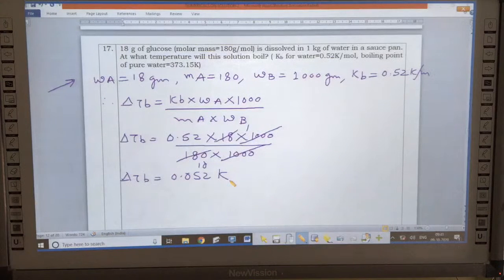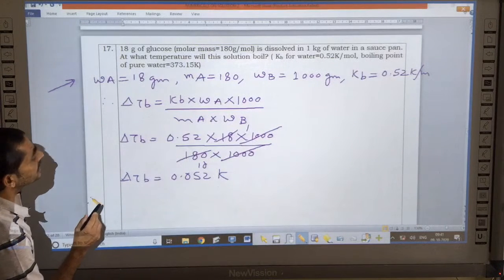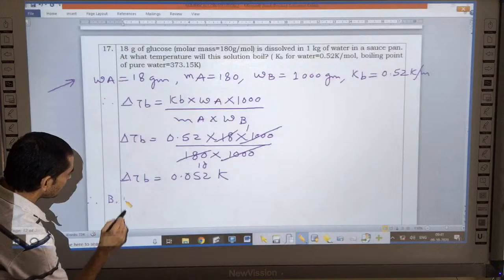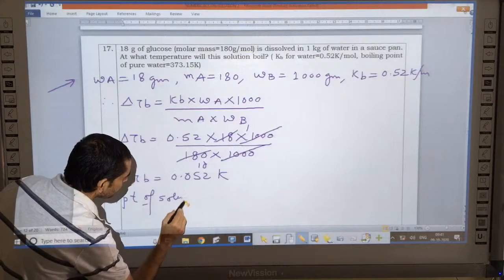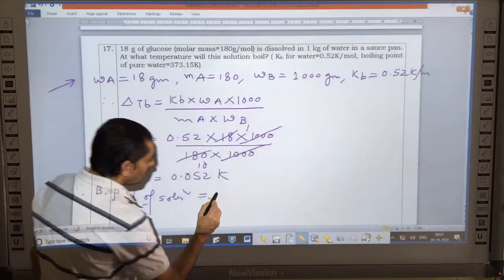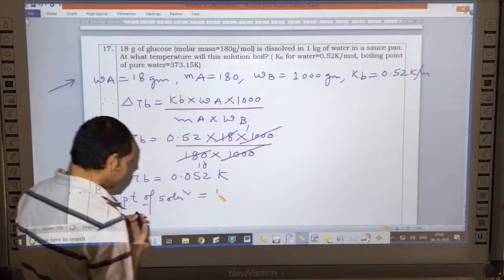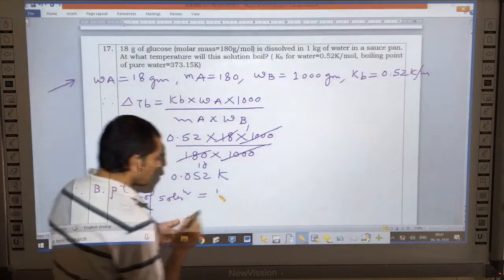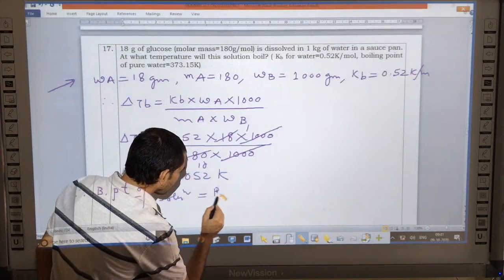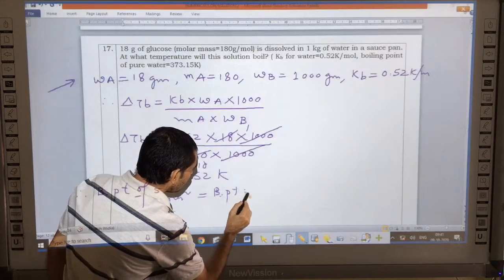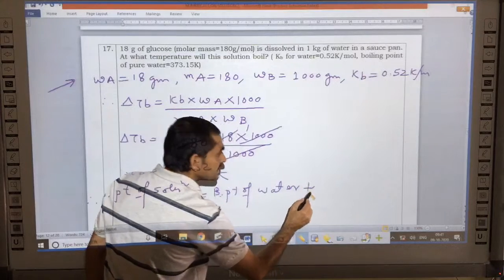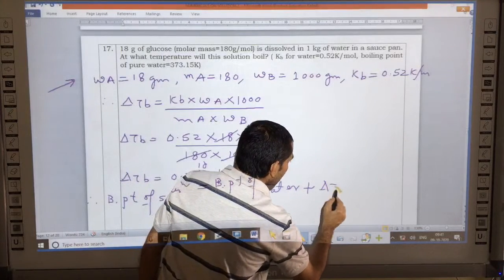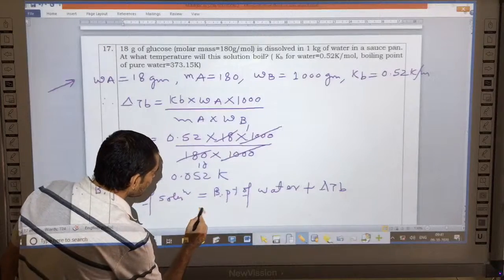Okay, now you have to calculate what? Boiling point. Therefore, boiling point of solution is equal to boiling point of water plus delta Tb. Now what is the boiling point of water?